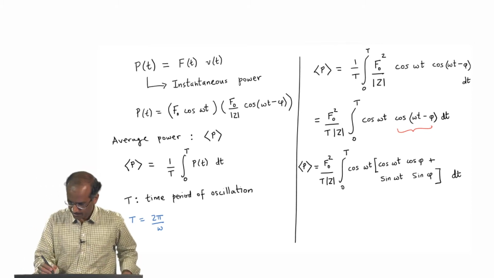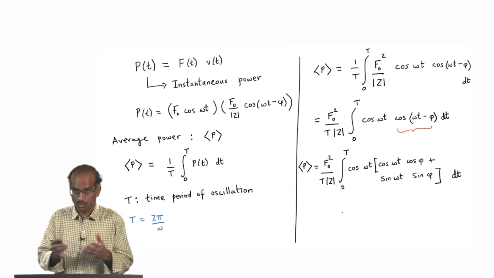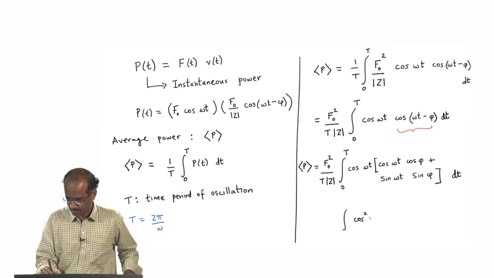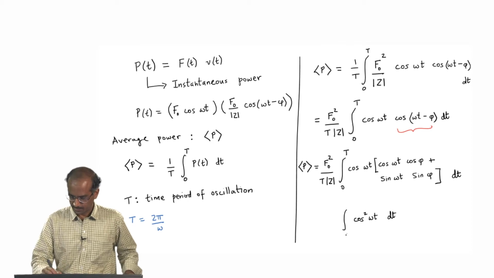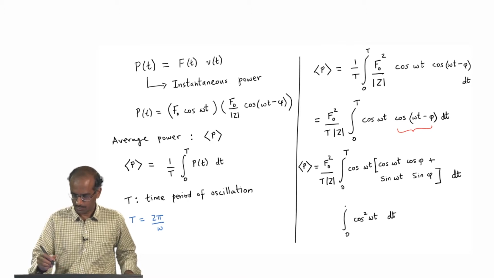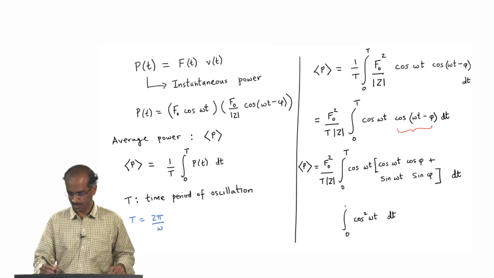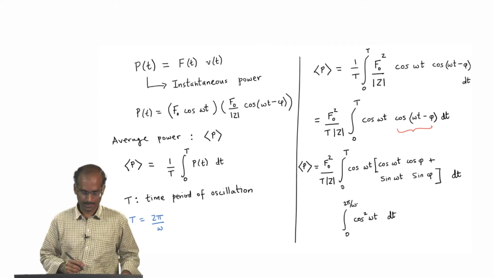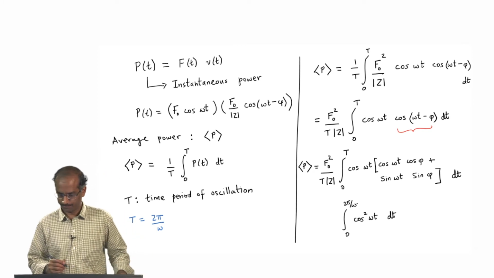So, to do the first integral, you need to be able to do the integral of cos square omega t dt, where the limits go from 0 to capital T, and capital T is 2 pi by omega.